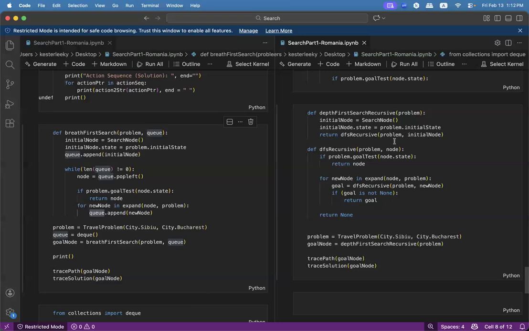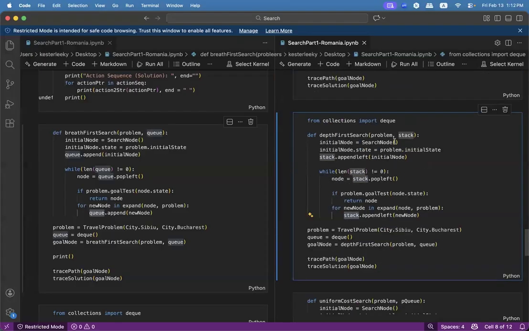But because we are introducing depth search gradually, from scratch, I also included the depth search implementation with an explicit stack. Any questions?